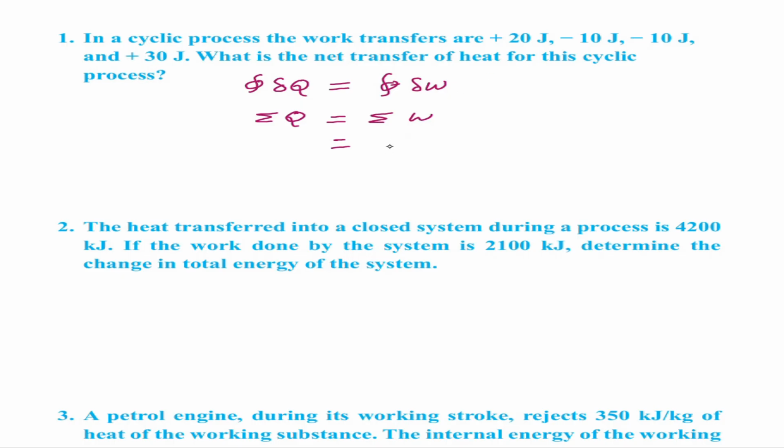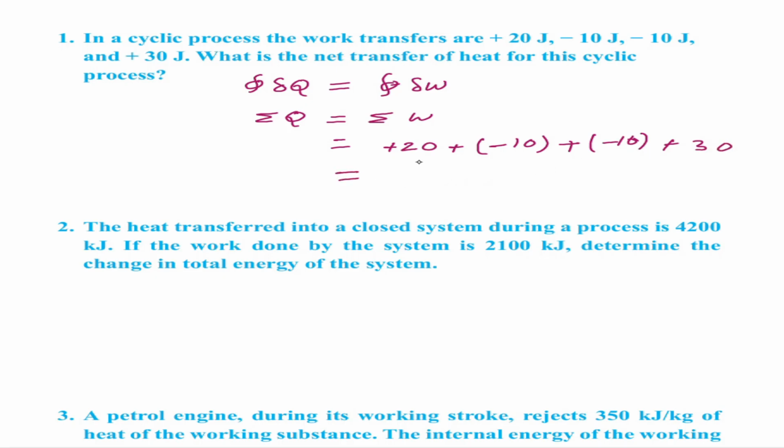Here this is plus 20, then minus, so it means addition, right? So this is the algebraic sum: plus 20, plus of minus 10, plus minus 10 again, and plus 30.